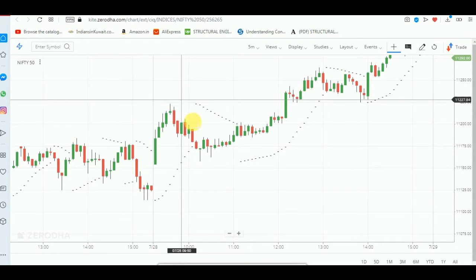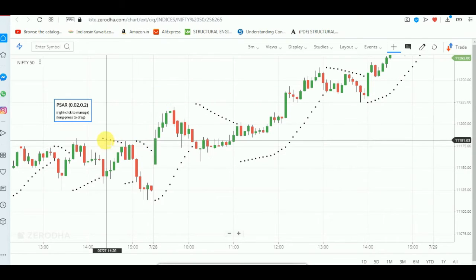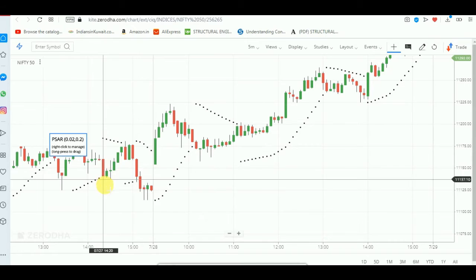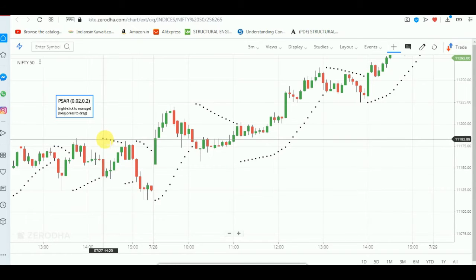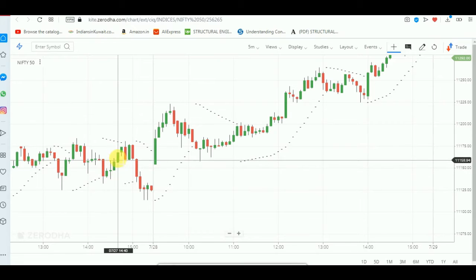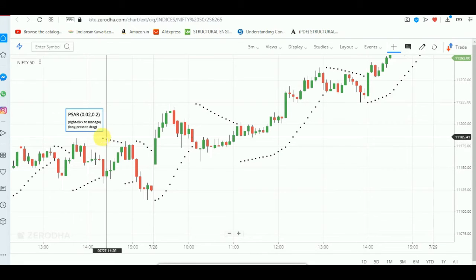the other biggest disadvantage is that you can see a small red candle crossed this dot, so it had changed the trend. But then from the next candle onwards, it started moving upwards.